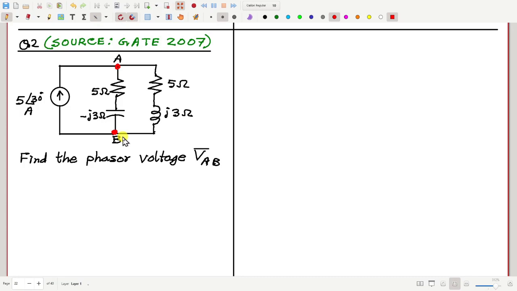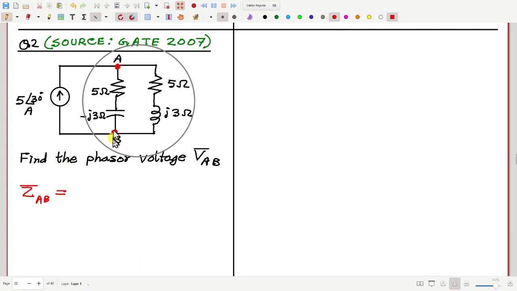Anyone? Let me ask, how much is the total impedance Z between A and B?